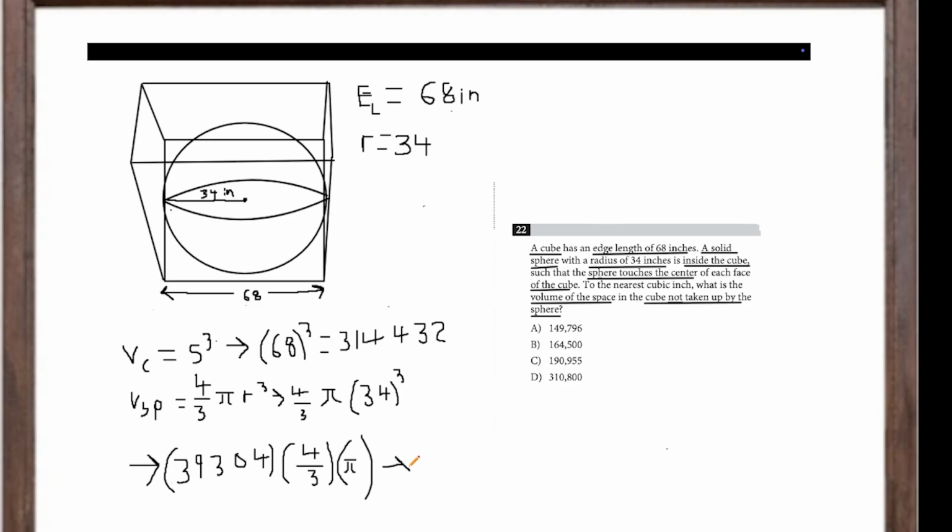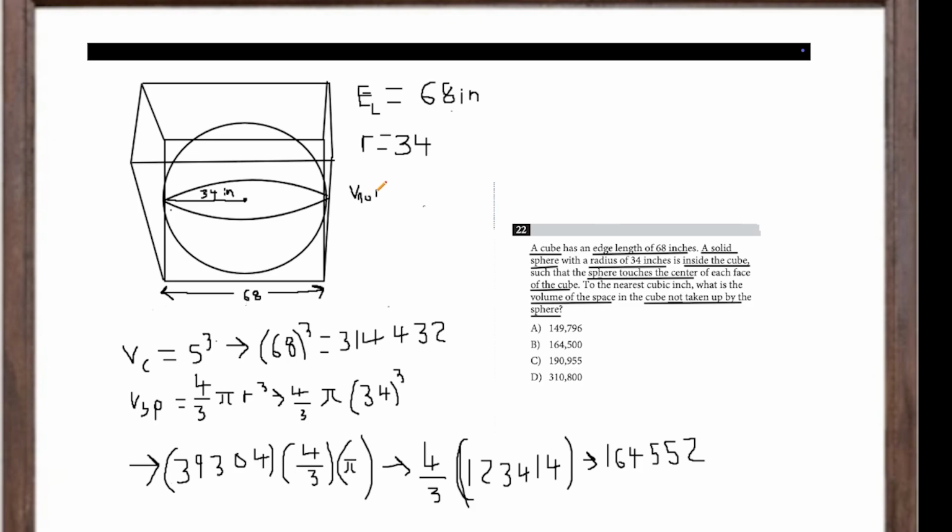We distribute our pi to our 39,304, and we get 123,414. We're now going to distribute our 4/3 to our number, and we get 164,552. So this is going to be the volume of our sphere.